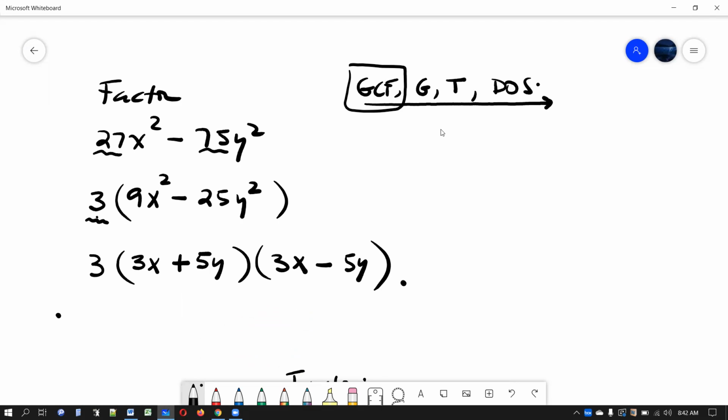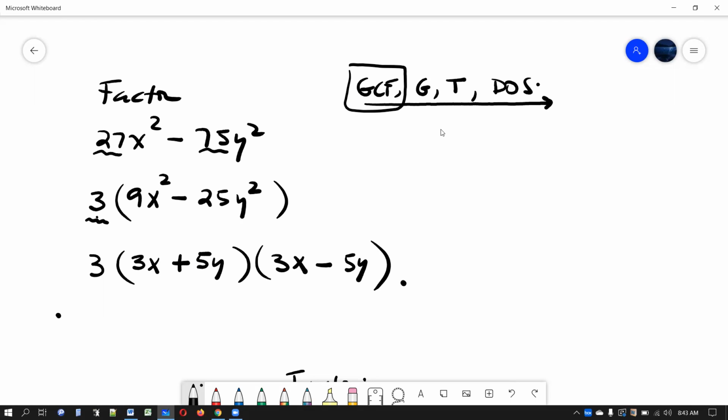Once I do, I will get 9x squared minus 25y squared inside the parentheses. And how did I get that? Well, 27x squared divided by 3 is 9x squared, minus 75y squared divided by 3, minus 25y squared. At this point, I have to ask myself, can I factor further? And again, the term inside the parentheses looks like difference of squares.